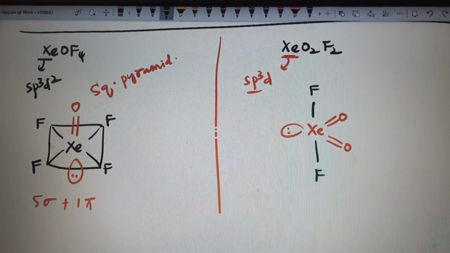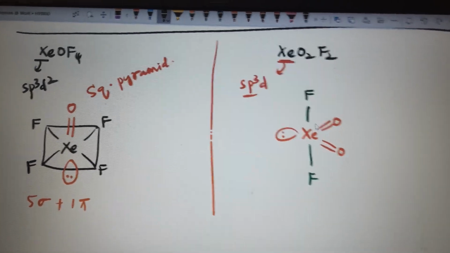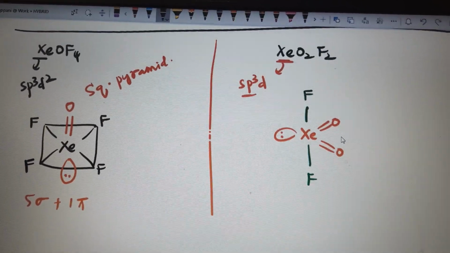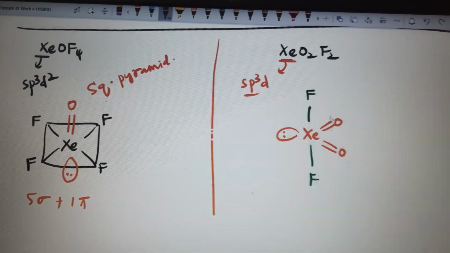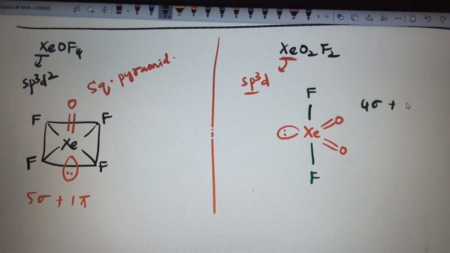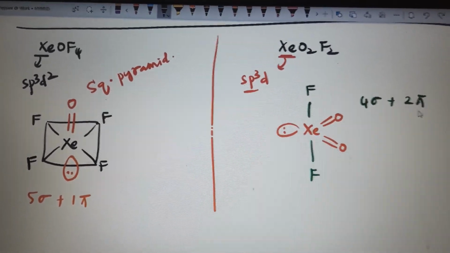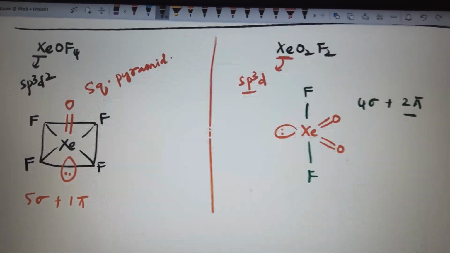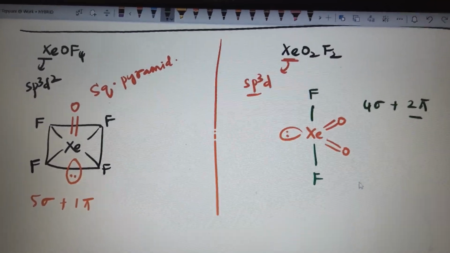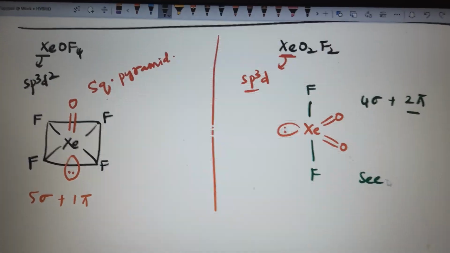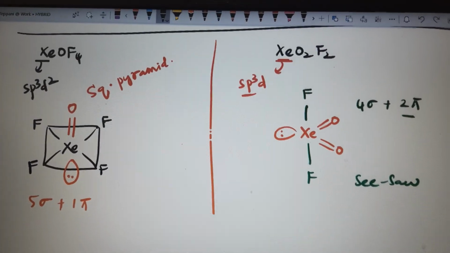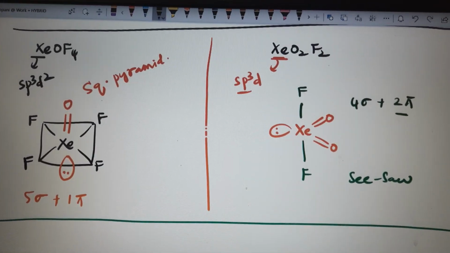Now 1, 2, 3, 4: 4 sigma plus 2 pi bonds. Both pi bonds are dπ-pπ, because no p orbitals are available. This structure is seesaw, folded square or distorted tetrahedron.